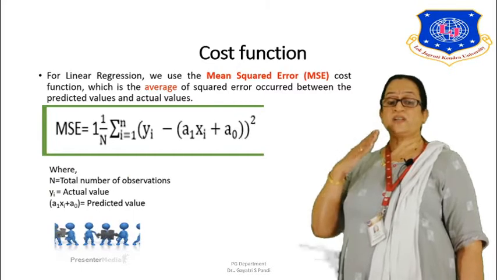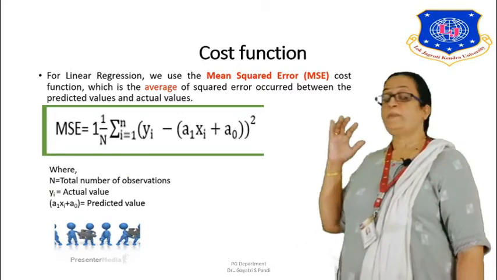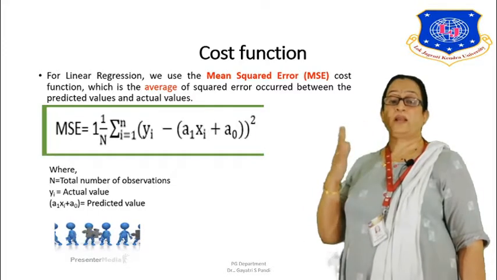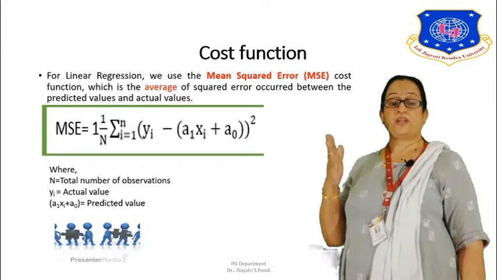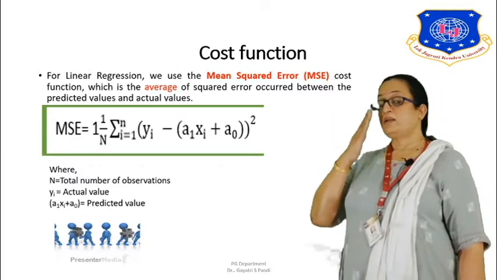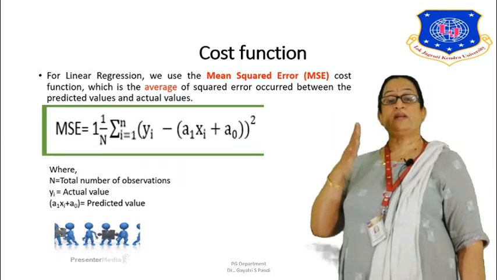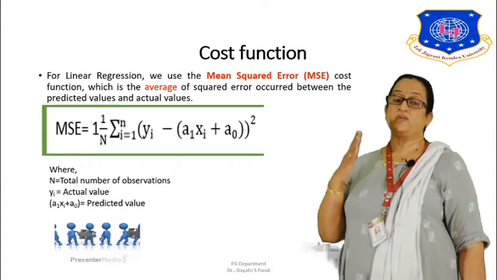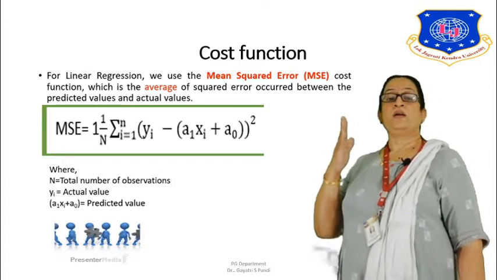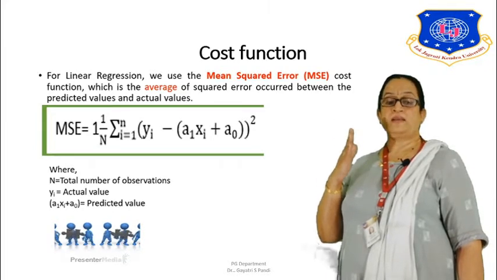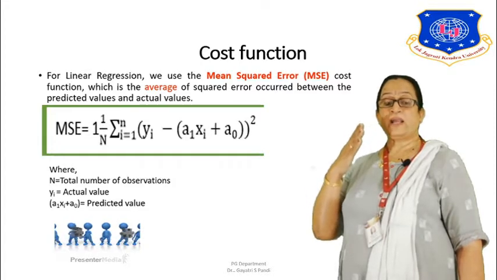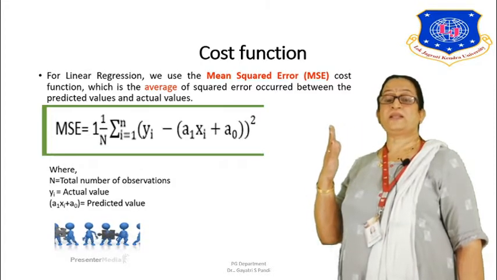Now the cost function that is basically used for measuring or evaluating a linear regression is mean squared error, which is termed as MSE. Right? So this is basically the average of the square error that has occurred between the predicted values and the actual values. The formula specified here is MSE is equal to 1 by n, summation of i varying from 1 to n, of (yi minus (a1 xi plus a0)) the whole square.